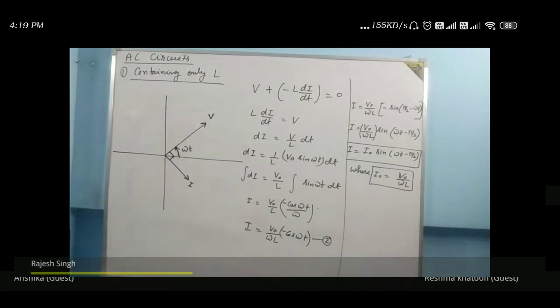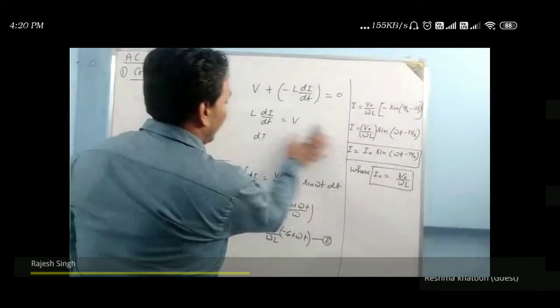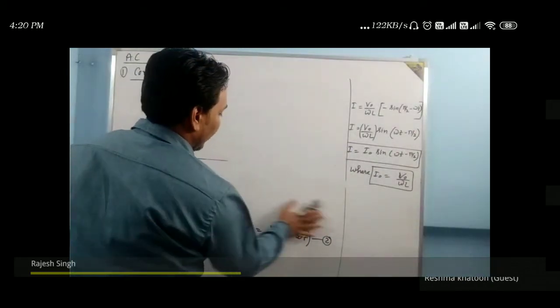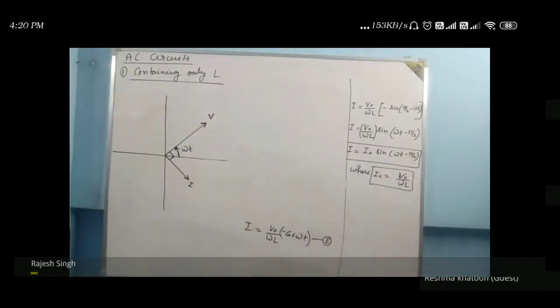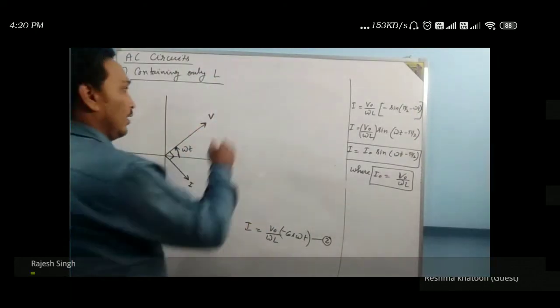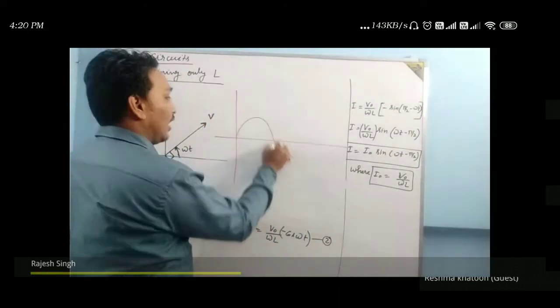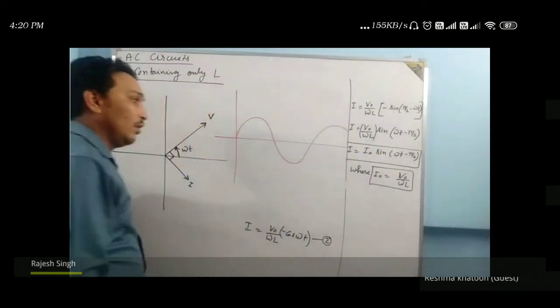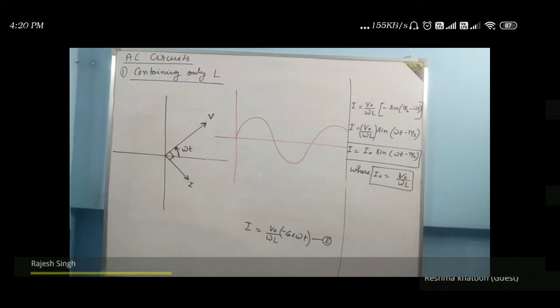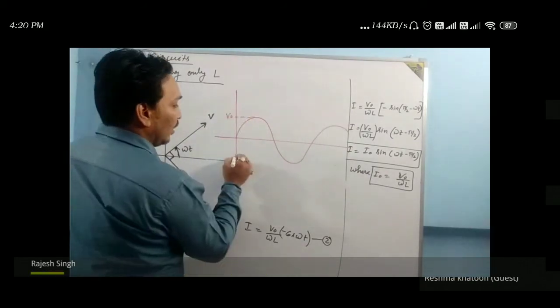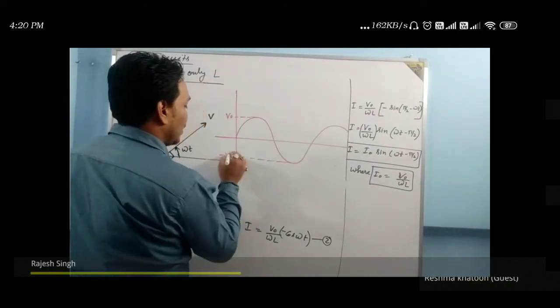Okay, very good. Now, if we represent voltage and current graphically, for voltage the graph is simply the sine one, because V is equal to V naught sine omega t. Here we have V naught, here minus V naught.